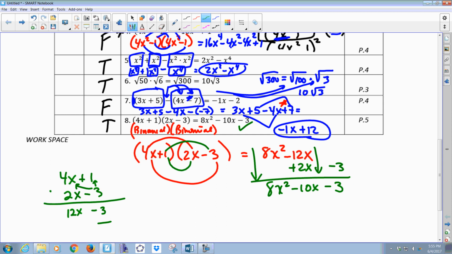Notice our multiplication always tells us to then move in one place to the left because now you're dealing with a different place. 2x times 1 is 2x, and then 2x times 4x is 8x squared. Now you get 8x squared minus 10x minus 3.